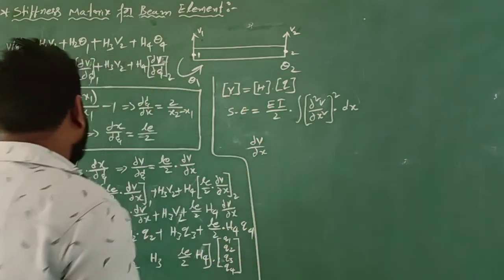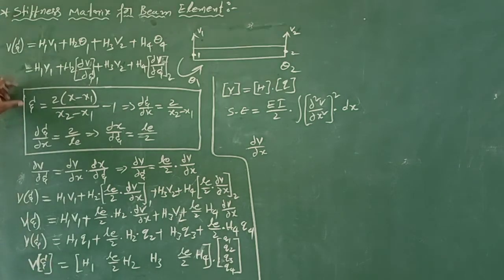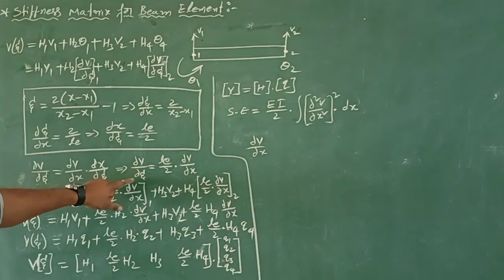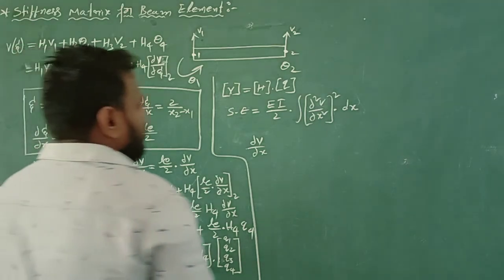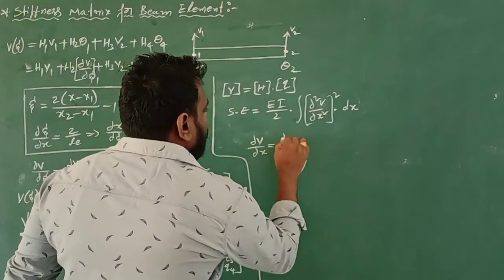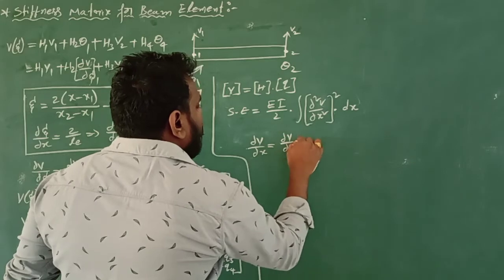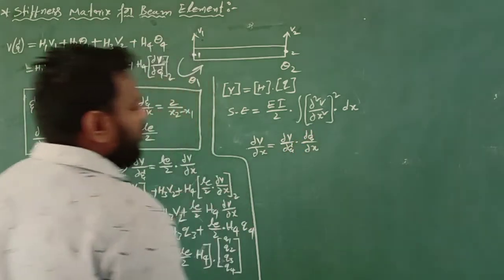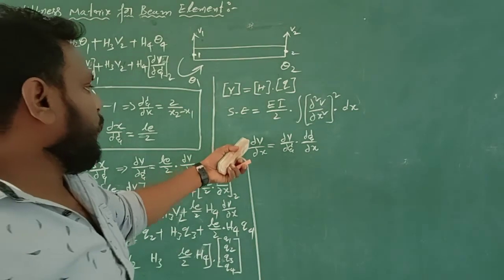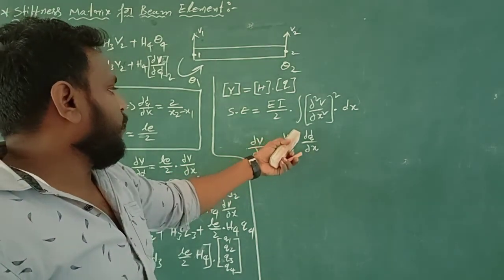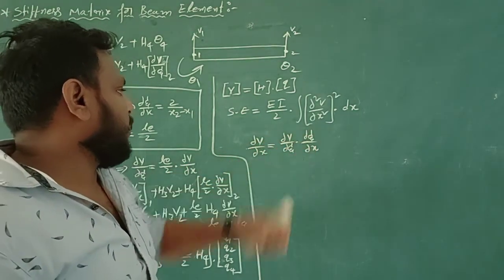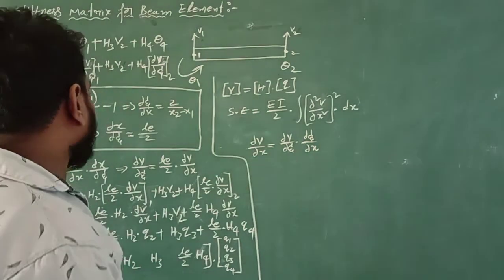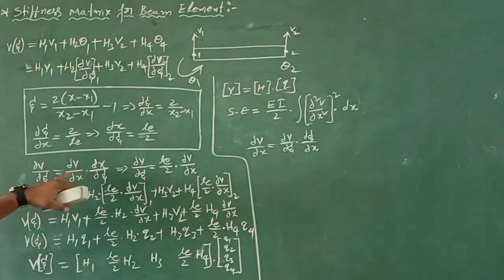It can be written as dou V by dou j into dou j by dou x.